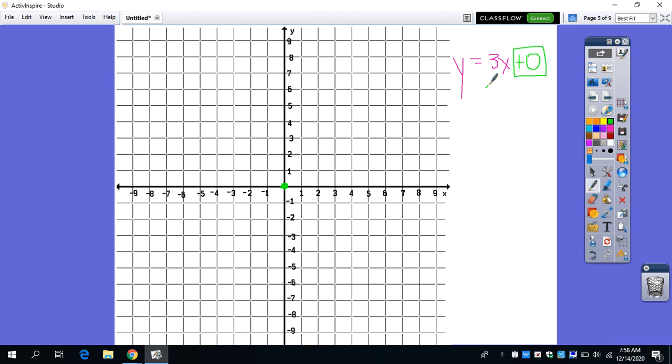And then from here, I'm going again up 3 over 1. So up 3, to the right 1. Up 3, to the right 1. That's how you do ones that look like you have no y-intercept. Okay? It means your y-intercept is 0.